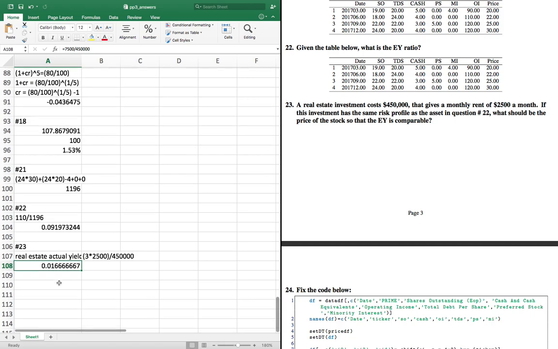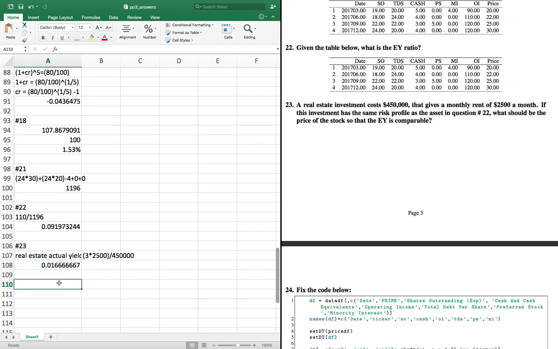Here's my equation again. This is my denominator, and 110 is my numerator. So let's put the 110 in there. Now, here's the problem. The price is 30.